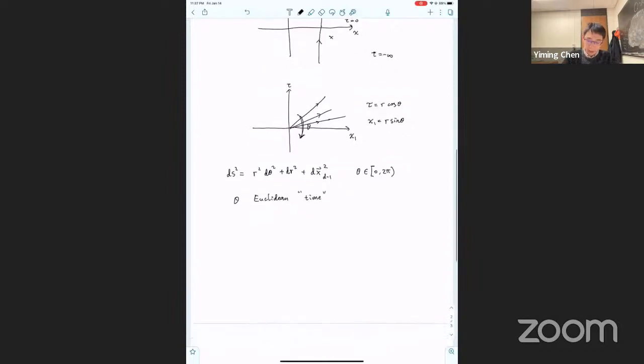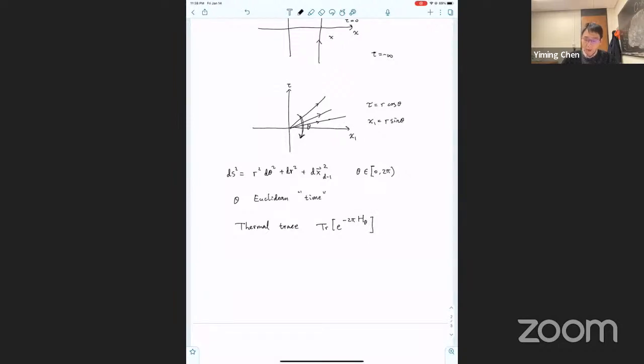That's why we can think of this path integral as computing a thermal trace, namely trace e to the minus 2 pi, which is the period of the theta coordinate, times the Hamiltonian that generates the theta translation.